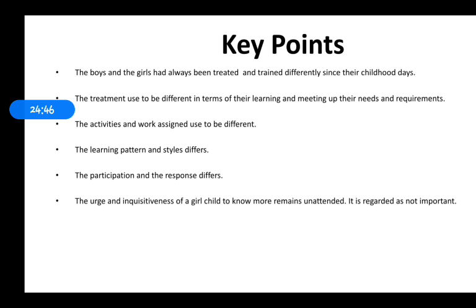Now, the participation and the responses also differ. The girl child may not be very comfortable responding in co-ed classes. They will hesitate because boys are there. Why this? Because the child has come up from a family where girls are not being treated well.